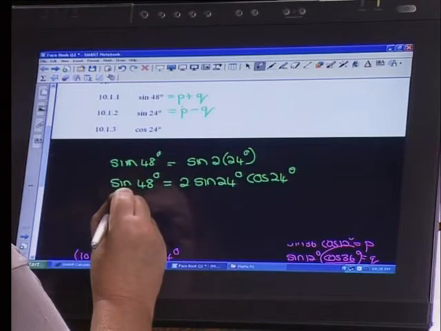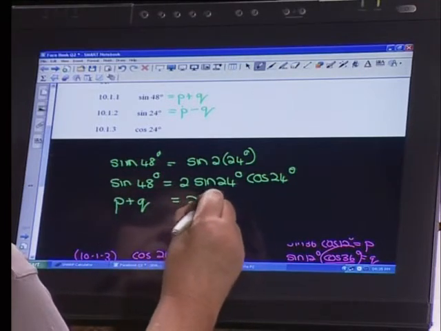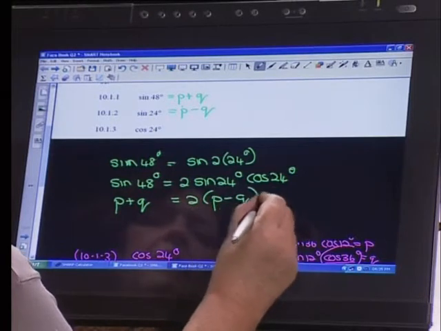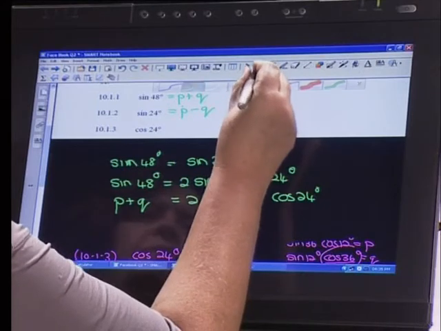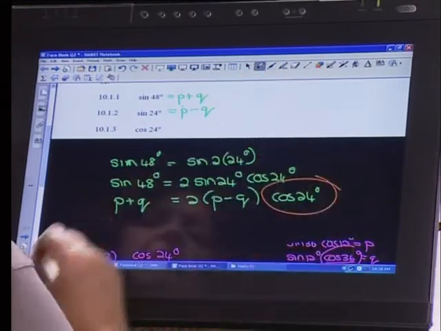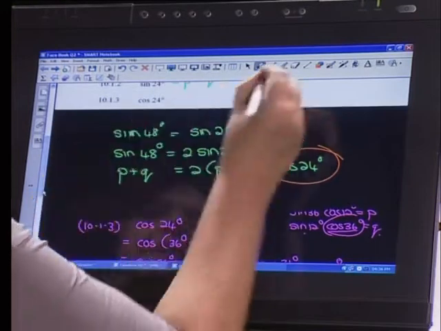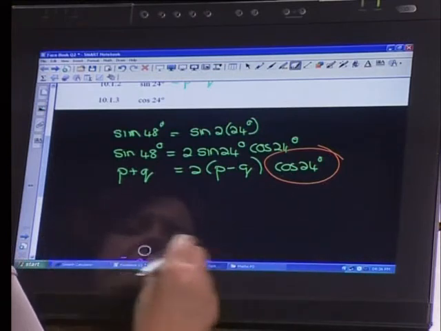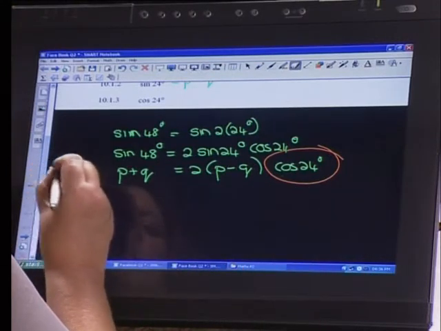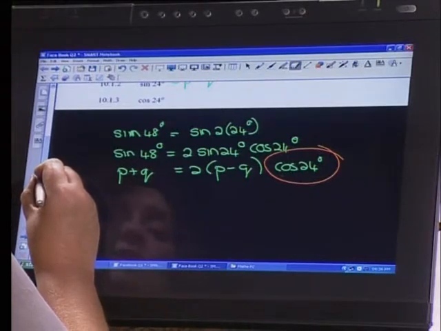All right, now you can see the sine of 48 was P plus Q, and the sine of 24 was P minus Q. And here's my cos 24. So the only unknown in this expression is the cos 24. So then all I would have to do to finish this question, and this is infinitely easier, but quite difficult for you to see, I would guess that this probably had an A part to it, but it says 10.1, so maybe not.